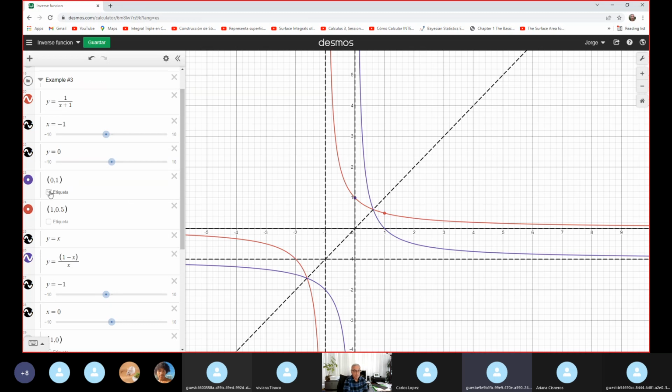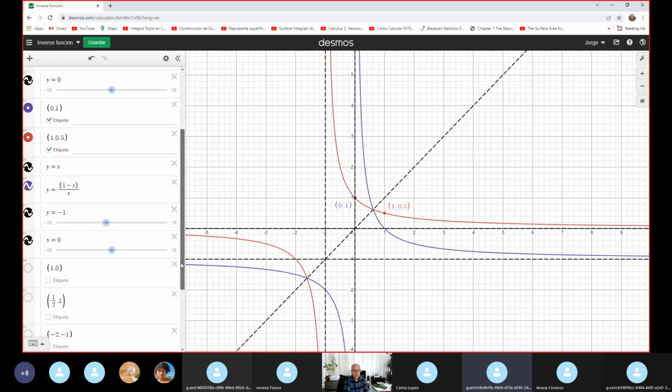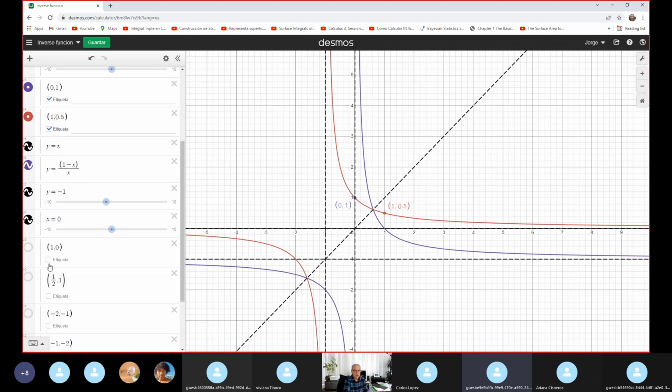Look, this is the point associated with the original, 0,1, and one more, 1/2,1. Well, this is the original. And the inverse would be, look, this point is 1,0. Do you see how it transforms 0,1?